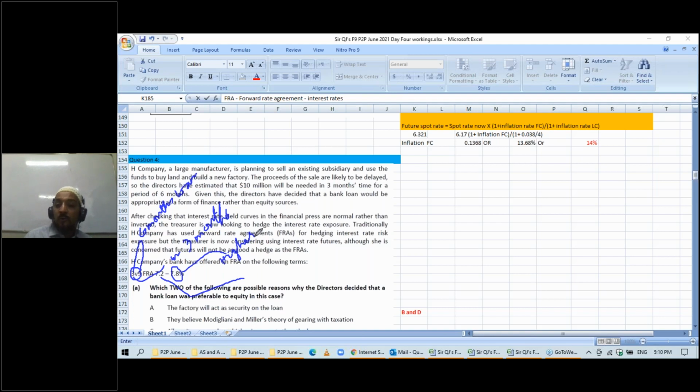And if you ask them to borrow funds, they will give you at a higher rate because they earn a margin. They give you a loan at a higher rate and they take money from you at a lower rate. There is a difference in the two rates, the lower and the higher rates. So they earn money. So the rate for your borrowing will be higher.